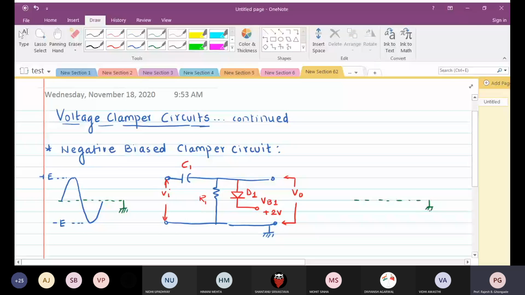First of all, the DC level is shifted in the negative direction. That is what you have to first of all understand.